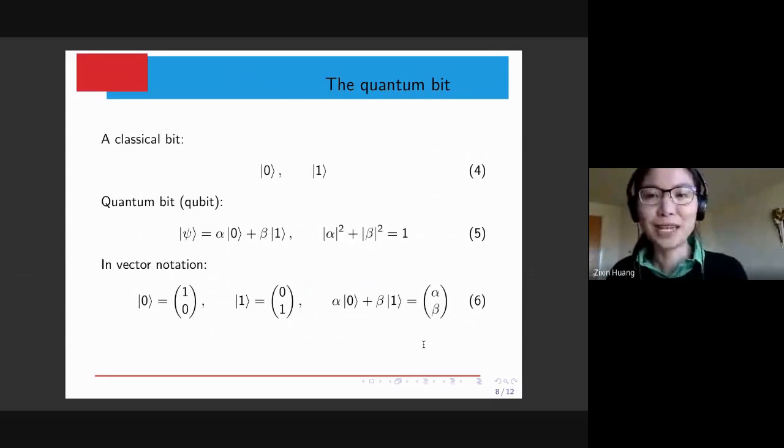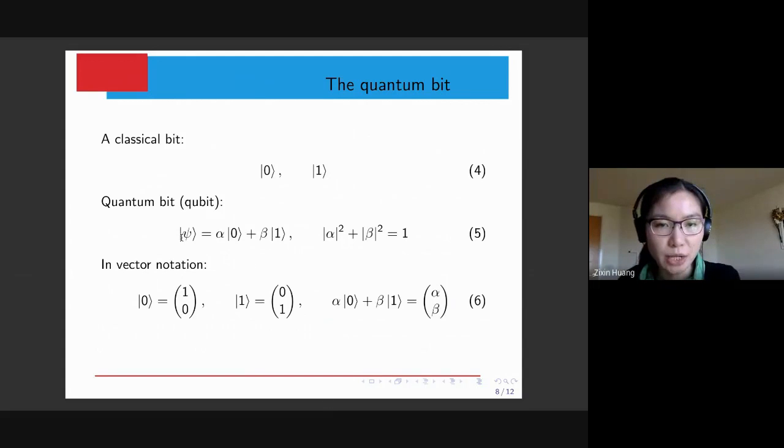So let's do a bit of revision, and this should all be familiar to you. If not, please let me know. When we talk about classical information, we talk about a classical bit. This is either a 0 or 1. For quantum information, we talk about a quantum bit or a qubit.